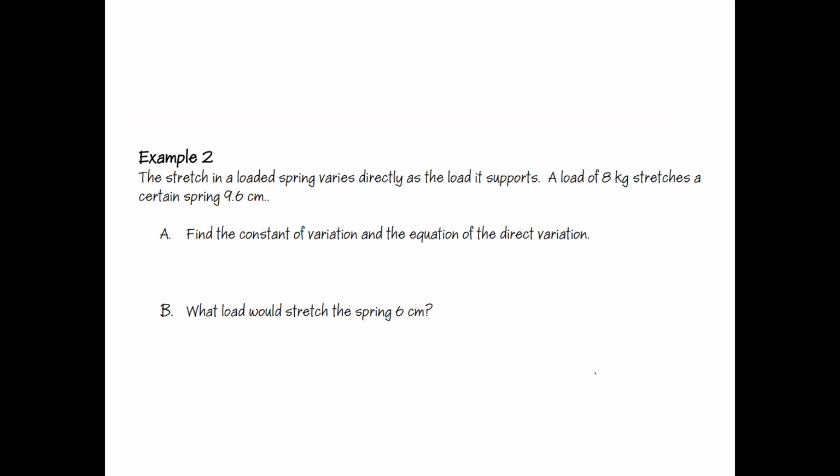Okay, so let's take a look at example 2. The stretch of a loaded spring varies directly. So directly just means y equals k times x, okay? So the stretch of a loaded spring, we'll just put stretch. Let's just say that's y, is equal to k times the load it supports.